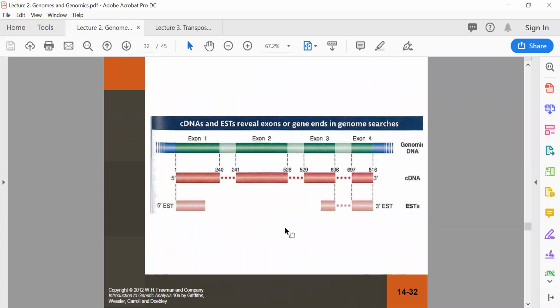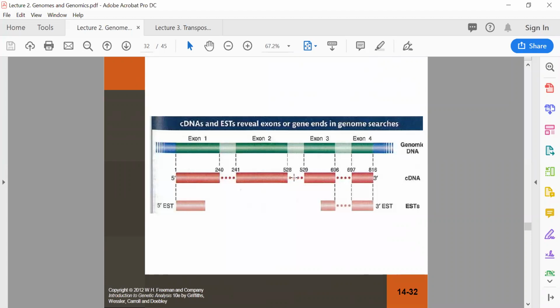All right, and here this is illustrated for you. Here we have the genomic DNA showing the exons and introns in between. This is what we would call the cDNA, complementary DNA or copied DNA. This is what it would look like. So the cDNA, you can see, is much shorter than the genomic DNA, of course, but also what's missing are those introns.